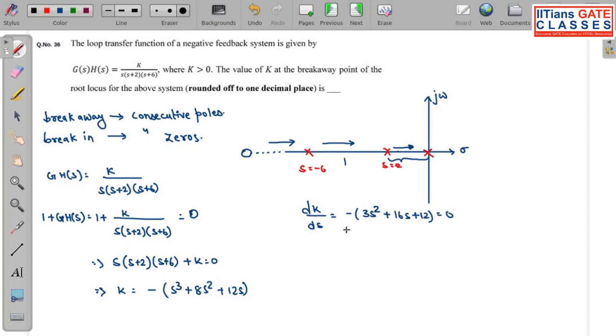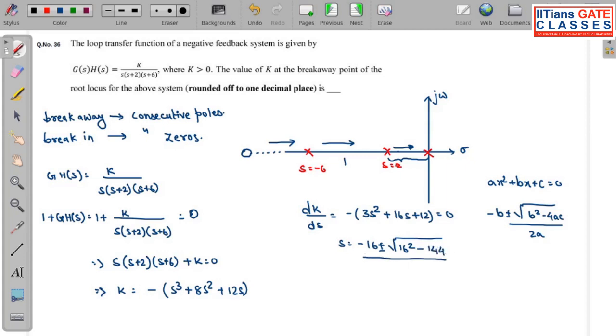Now let me find the value of s where this will maximize K. Using the quadratic formula, s is equal to minus b plus or minus under root of b square minus 4ac, by 2a. So minus 16 plus or minus under root of 16 square minus 4ac.